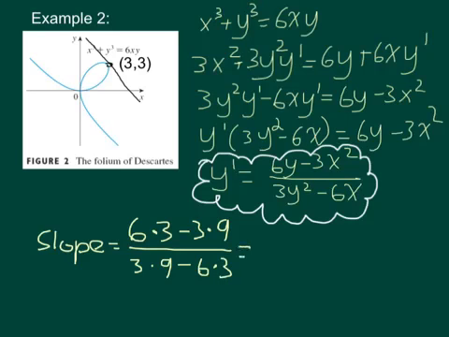So it's 18 minus 27, that's minus 9. Okay, so that's our slope, minus 1. So we know that our equation of our tangent line looks like y equals negative x plus b.